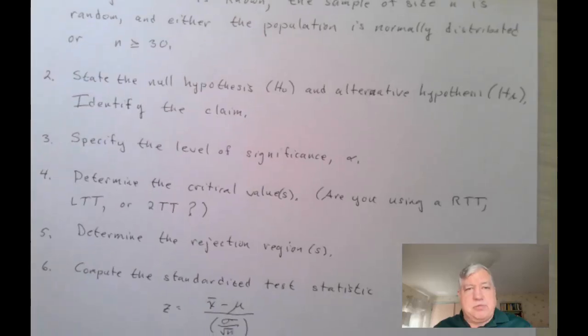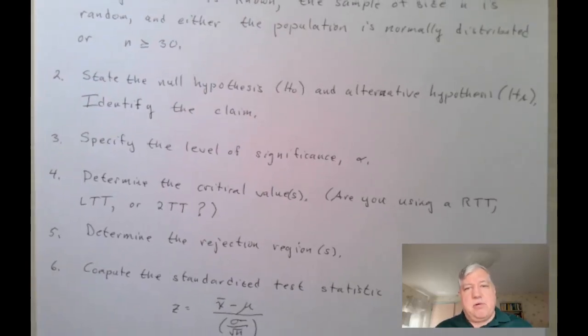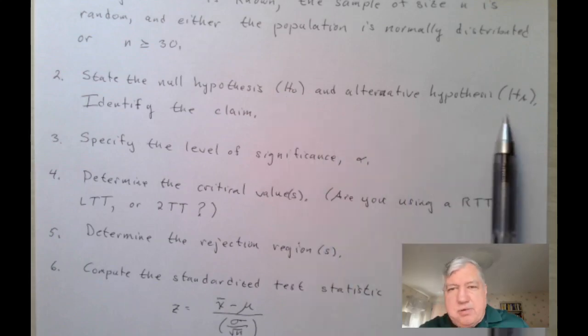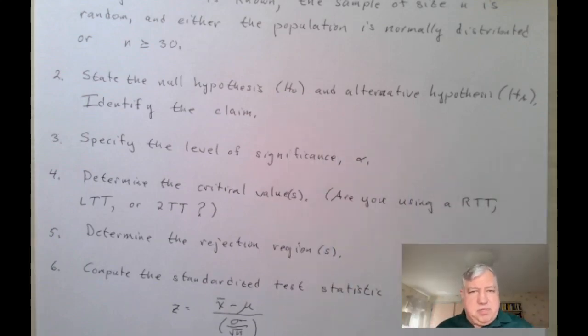Second part is to state the null hypothesis, H0, and the alternative hypothesis, HA, and identify the claim. So in this case, you'll be given a claim, and if it has some sort of equality in it, then it's the null hypothesis. Otherwise, it's the alternative hypothesis. Remember that H0 and HA are complements of each other.